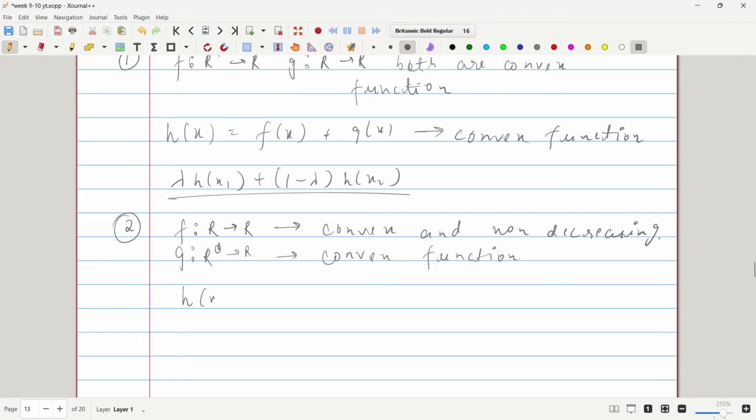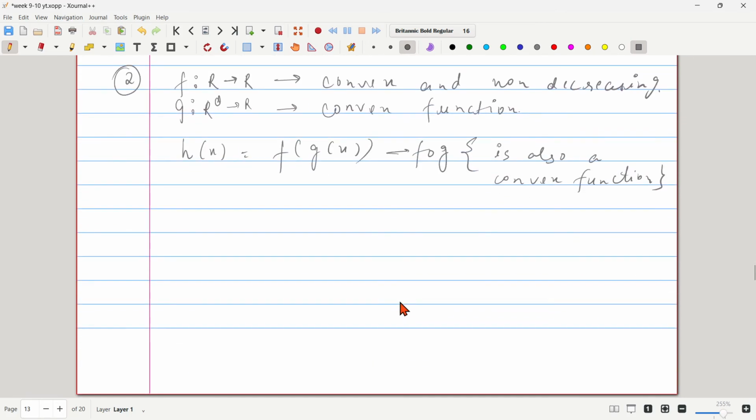Then h of x can be written as f of g(x). You can write it as f composed with g, and it is also a convex function. This is the second property.